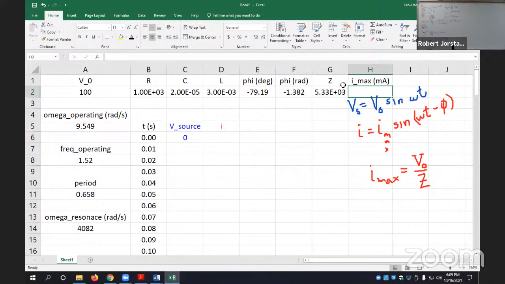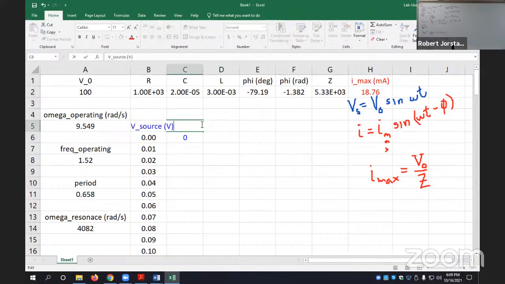It was 18.76. I'll color that red just so it stands out. That'll save me some time. So I better put my units in here. This is in milliamps. This one is in volts.